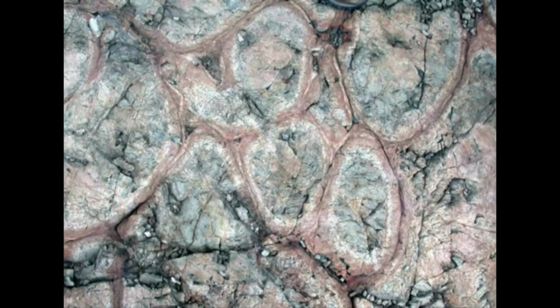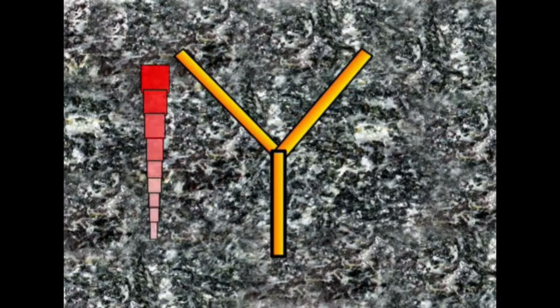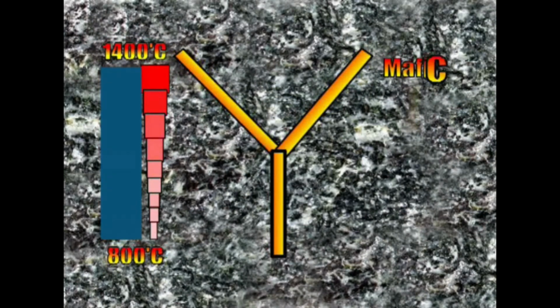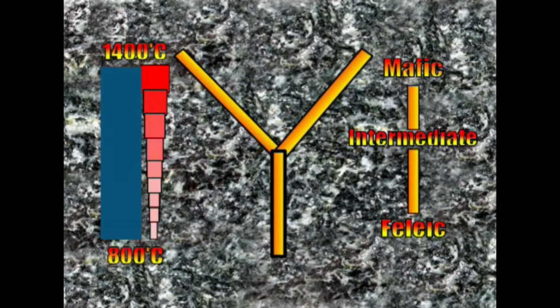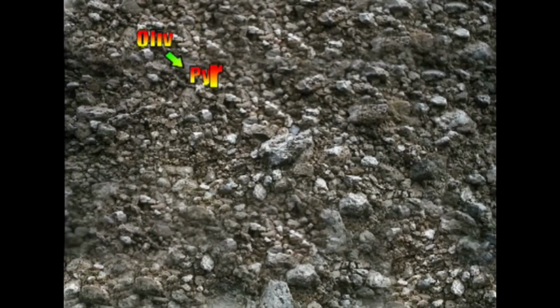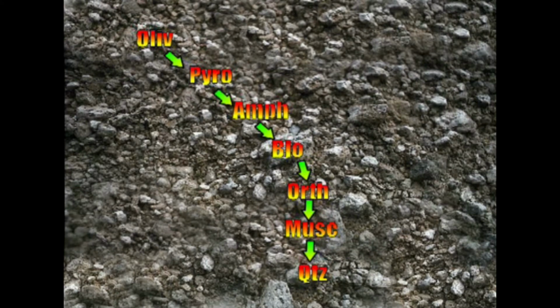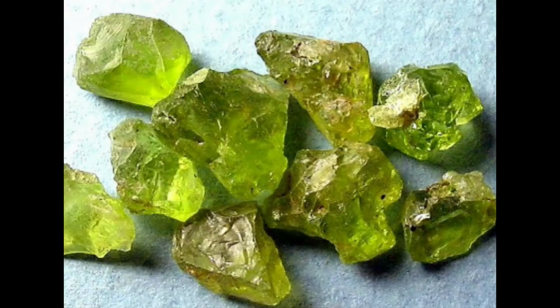Examples of the use of Bowen's reaction series are given in the figure. From the top diagram, you can interpret the physical and chemical conditions under which a mineral crystallized. For example, olivine is a high temperature and pressure mineral with high iron and magnesium and low silica.